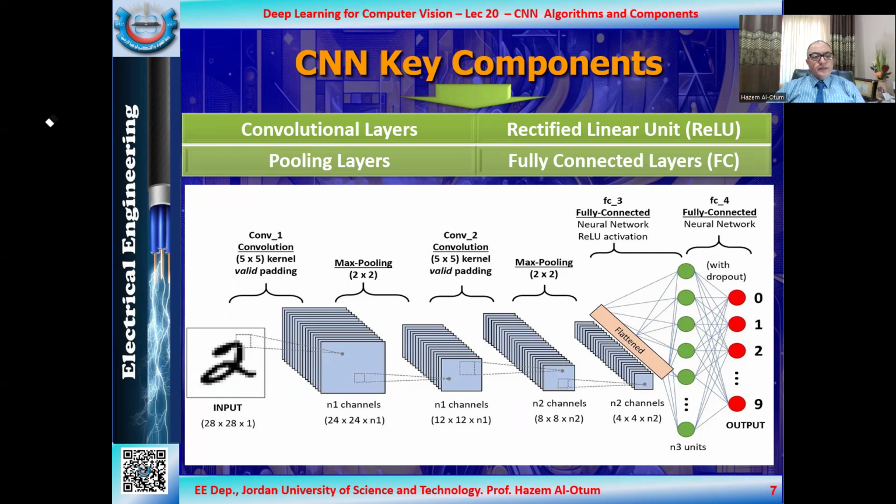Next, as you see here, we apply flattening, so converting this 4 by 4 by n2 tensor into a vector, and we apply it to the fully connected layer. We have more than one fully connected layer.